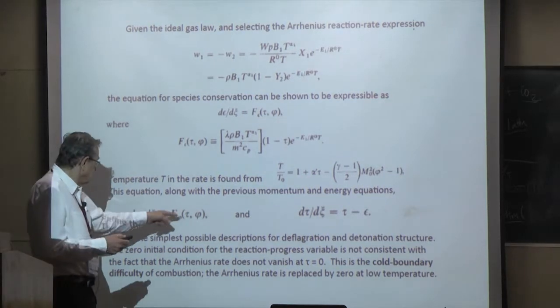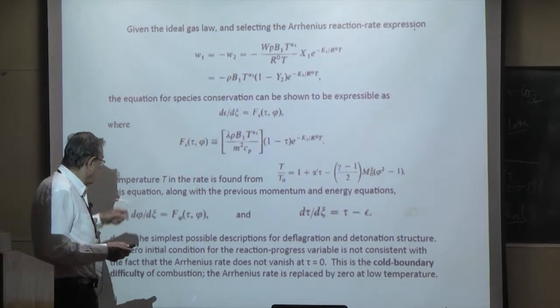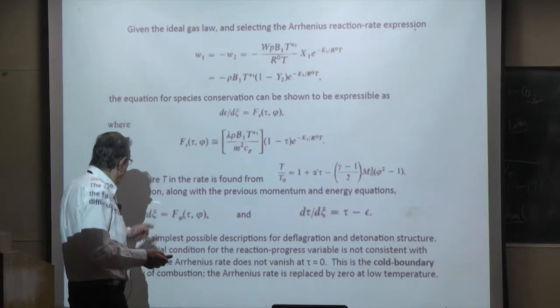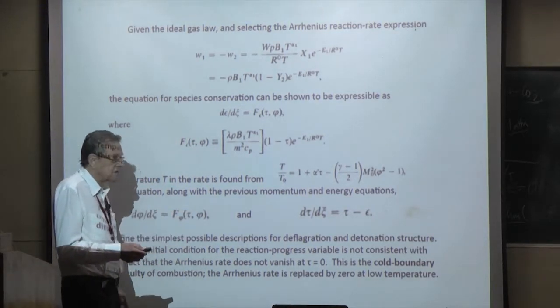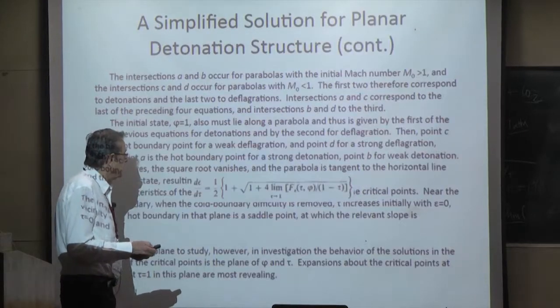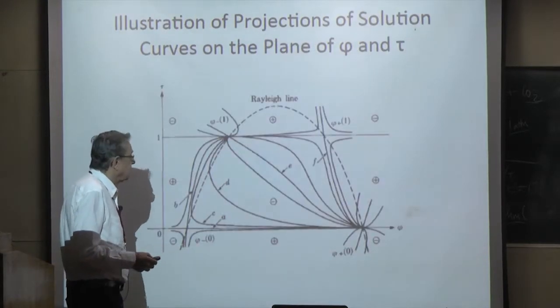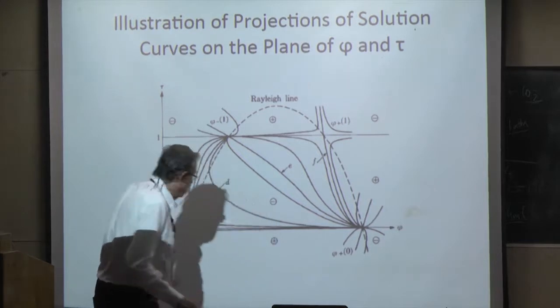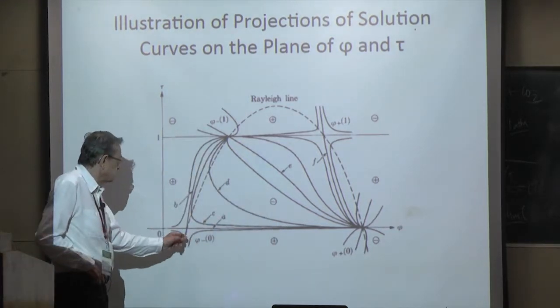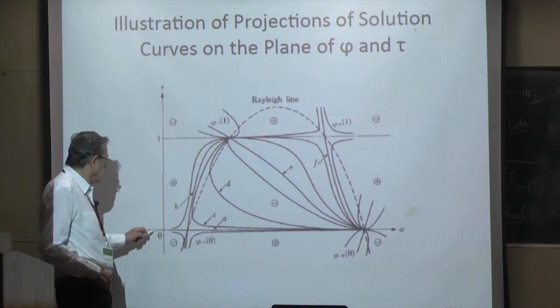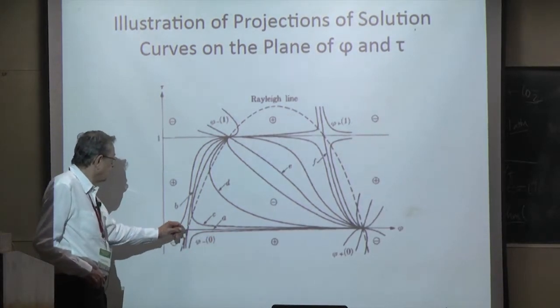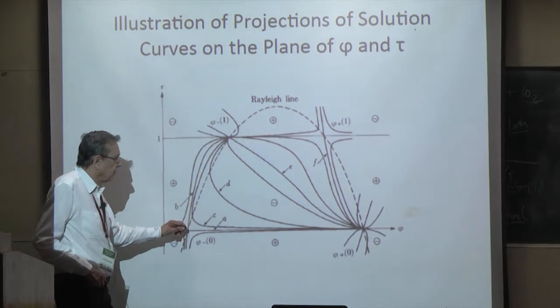So the singular point for this equation: if you look at this quadratic expression for phi as a function of tau, that quadratic expression has two solutions. So for tau equals 0 in the cold flow, one of the singular points is here.